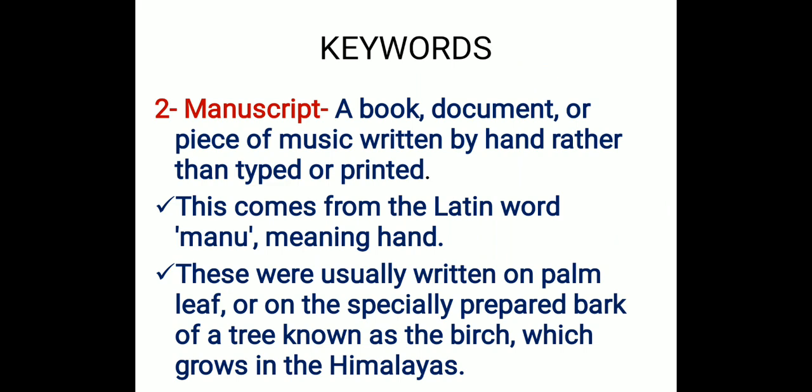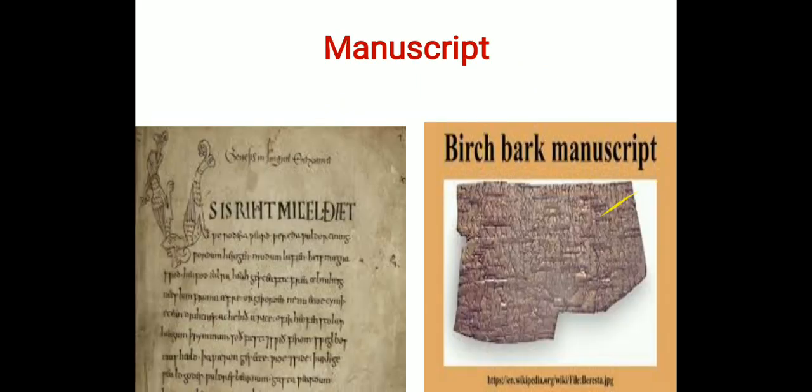These were usually written on palm leaves or on the specially prepared bark of a tree known as birch, which grows in the Himalayas. These trees were basically grown in the Himalayan region.